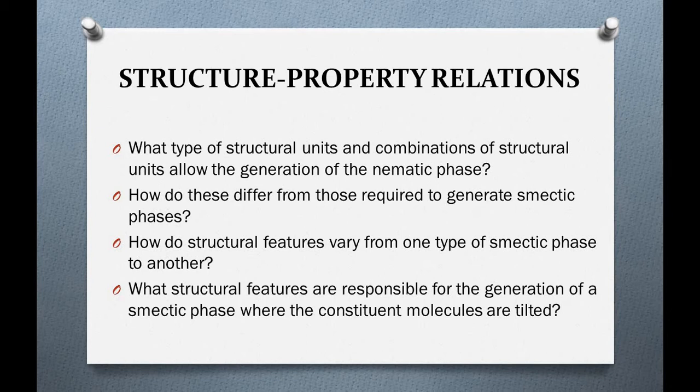How do the structural features vary from one type of smectic phase to another type of smectic phase? What structural features are responsible for generation of a tilted smectic phase? Questions like this: how do the structural features affect the physical properties of liquid crystalline materials?